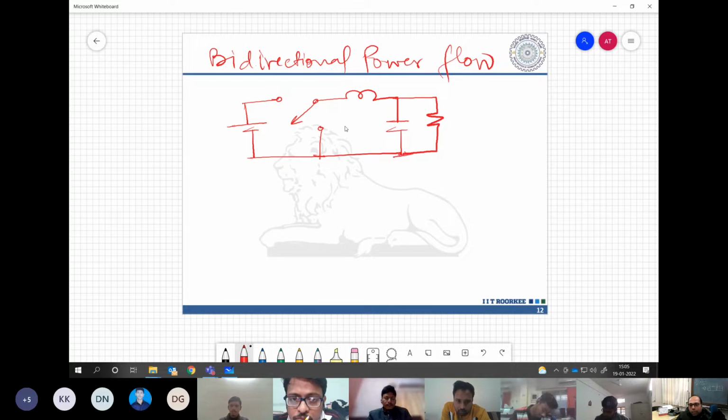Bidirectional power flow means sometimes the power is fed from this side to this side, right? That means the current can go negative. So if this current is changing its polarity, obviously this will also change its polarity.